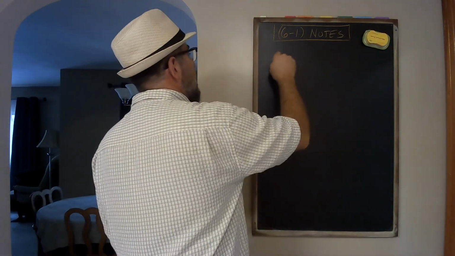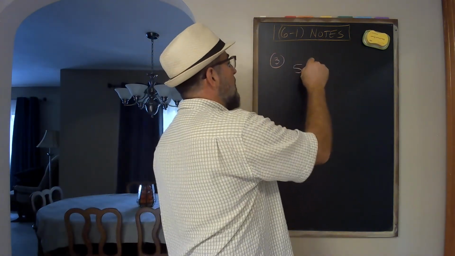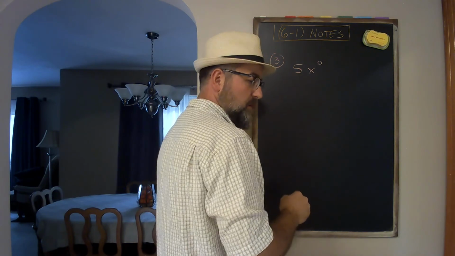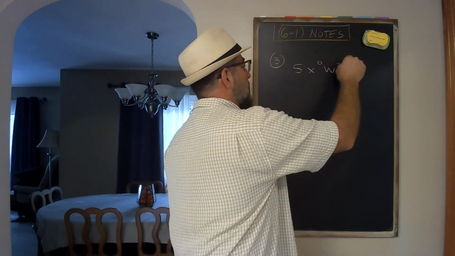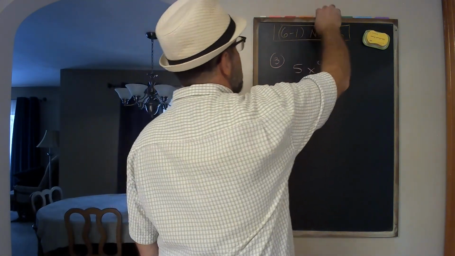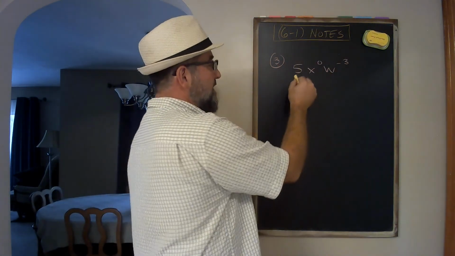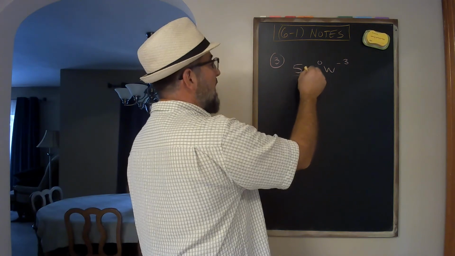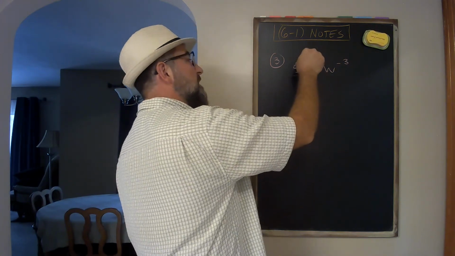So number 3, we've got 5x to the 0, w to the negative 3rd. Okay, this is getting a little more interesting. So here, this 5 doesn't have an exponent of anything other than 1.